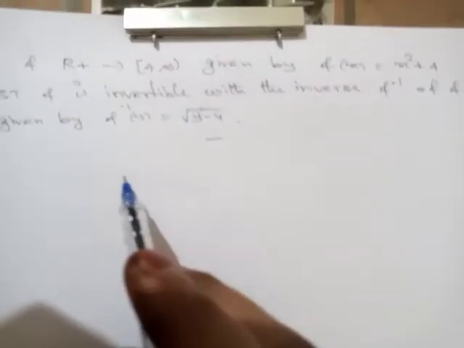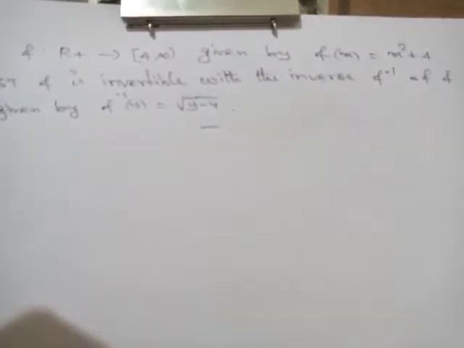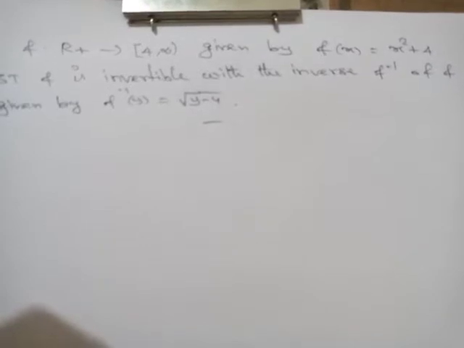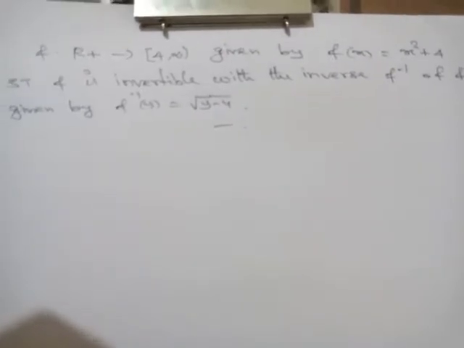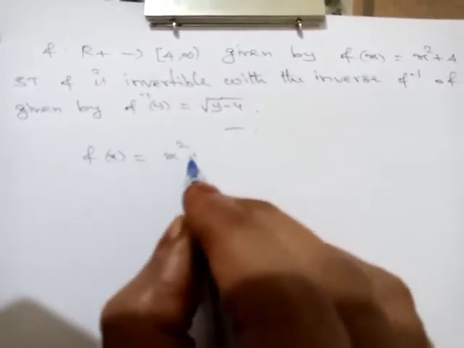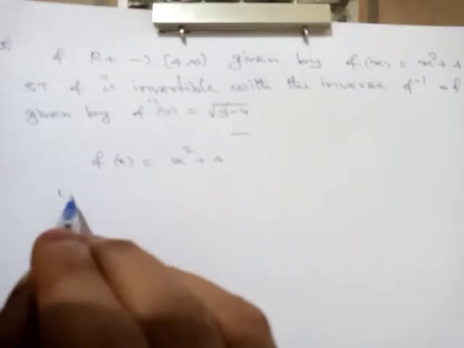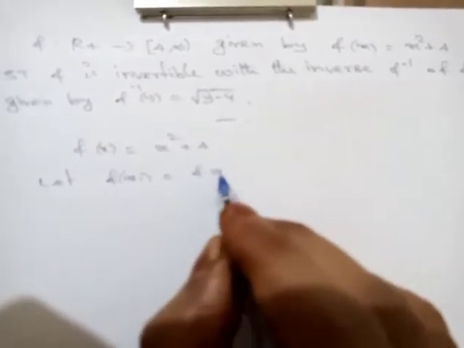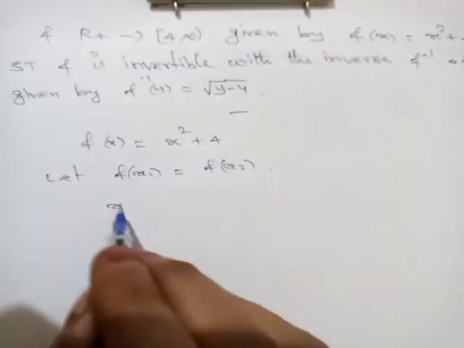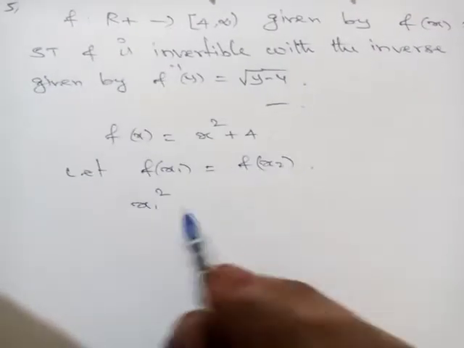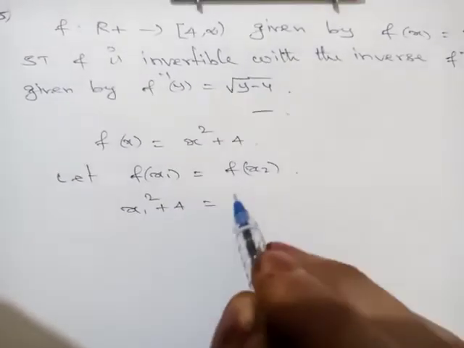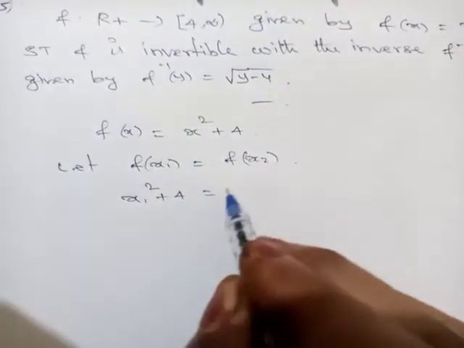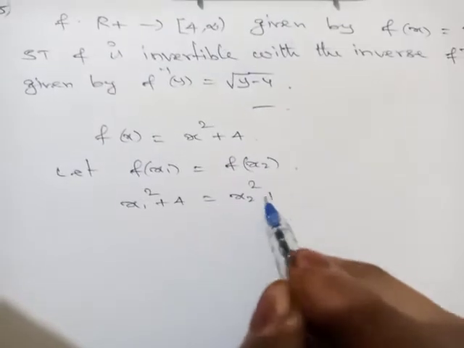Okay, so how can we prove that f is invertible? That is nothing but we have to prove the function is one-one and onto, correct? So f of x is equal to what they given, x square plus 4. So I am taking, let f of x1 is equal to f of x2, that is x1 square plus 4 is equal to, if you are substituting x2, x2 square plus 4.